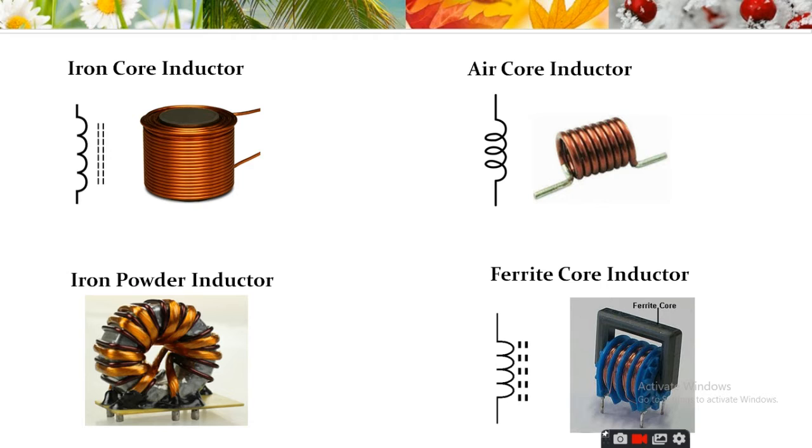By this action, iron powder forms a magnetic solid structure which consists of distributed air gaps. Due to these air gaps, it is capable of storing high magnetic flux when compared with a ferrite core. These characteristics allow a high DC current level to flow through the inductor before the inductor saturates. This leads to a reduction in the permeability of the core. These inductors are used in switching power supplies.